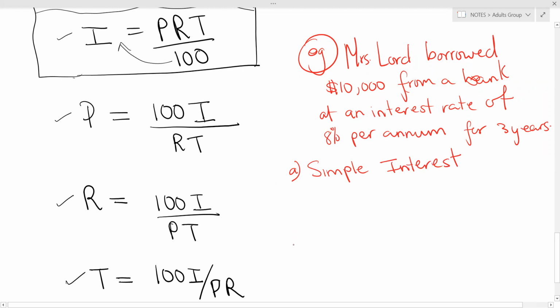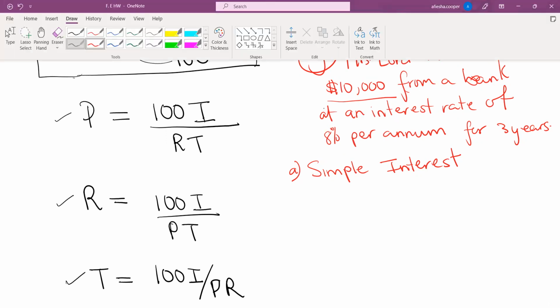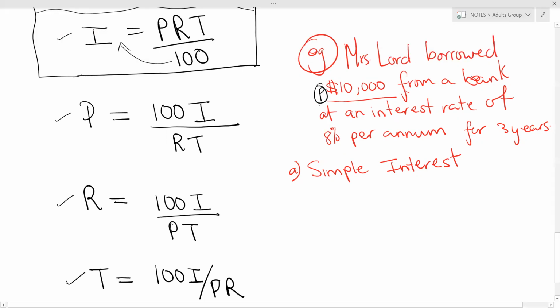Now, when you work out your simple interest, that's just the interest you have to pay them back. And now let's get into that. Of course, we take our time and read the question and highlight the different parts for the information that we seek. So the $10,000 would be our principal. Interest rate, of course, would be our rate. 3 years will be our time.